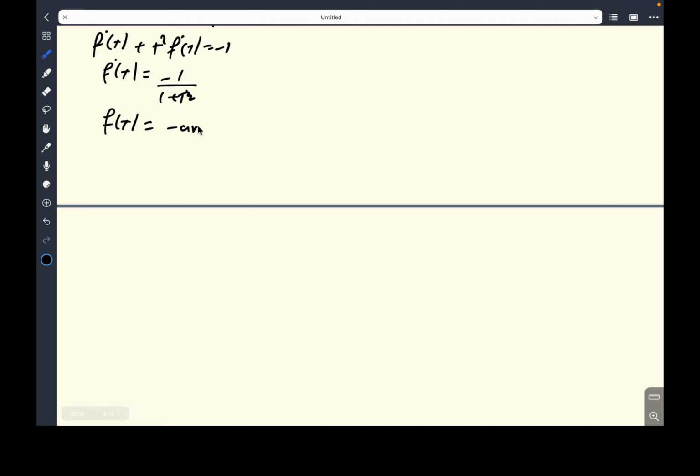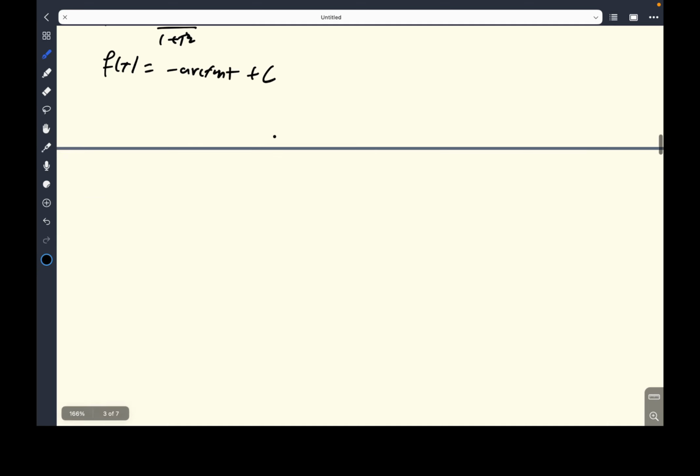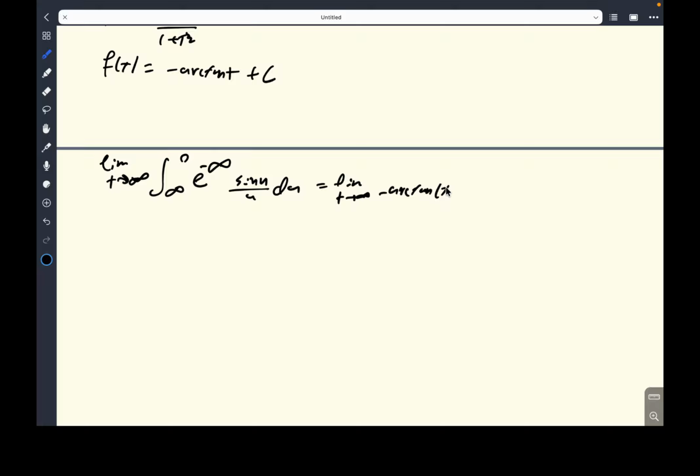And f of t, if I integrate both sides, is negative arc tan of t plus c, some constant of integration. If I take the limit as t approaches infinity of both sides, the integral from infinity to 0 of e to the negative infinity sine u over u du equals the limit as t approaches infinity of negative arc tan of t plus c.